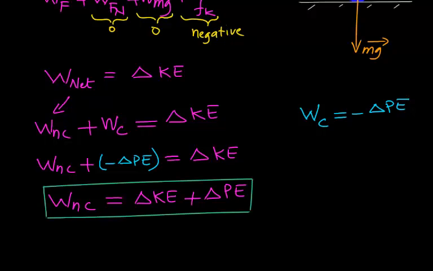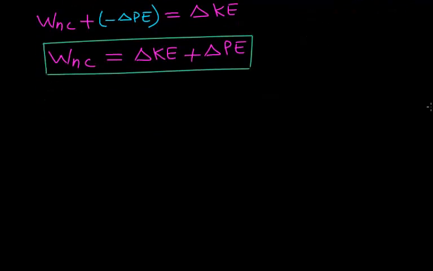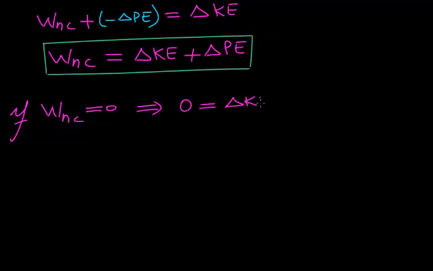Now let's discuss a special situation where the work done by the non-conservative forces equals 0. This is a condition, okay? If the work done by non-conservative forces equals 0, what's going to happen? 0 equals delta KE plus delta PE. Instead of leaving it in this form, let me try to detail it.